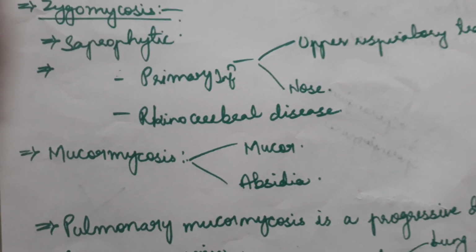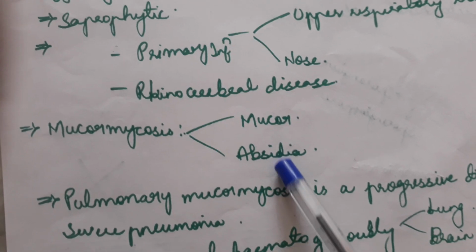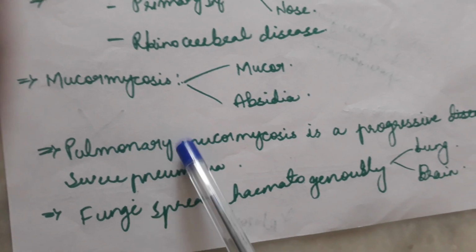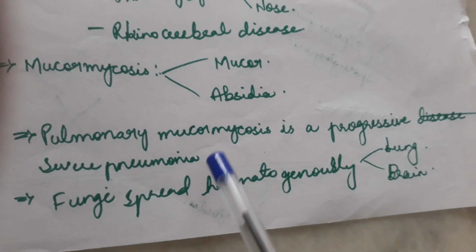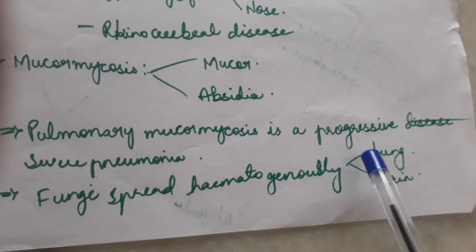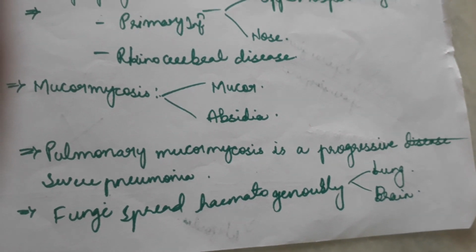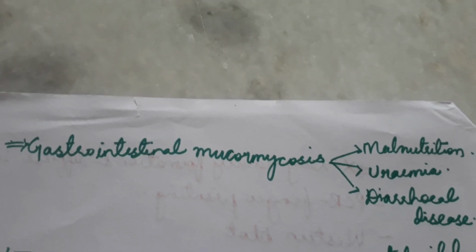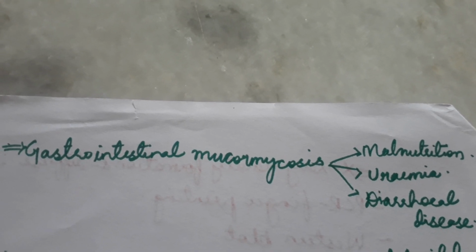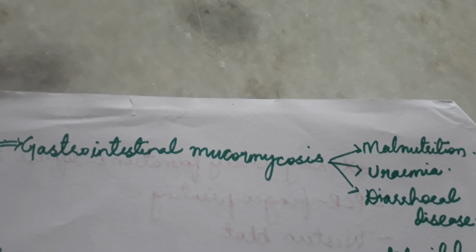Mucormycosis is caused by Mucor and Absidia. Pulmonary mucormycosis is a progressive severe pneumonia, and the fungi spread hematogenously to other areas of the lung and to the brain. Gastrointestinal mucormycosis is usually seen in malnutrition, uremia and diarrheal disease.